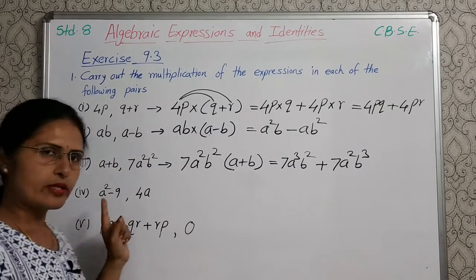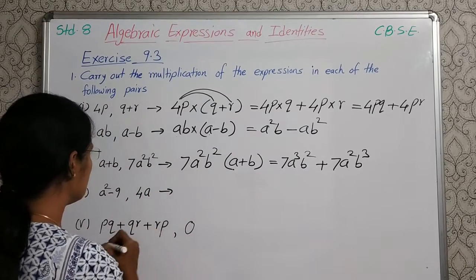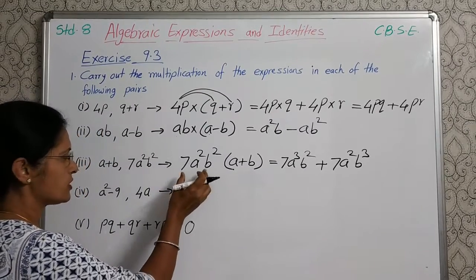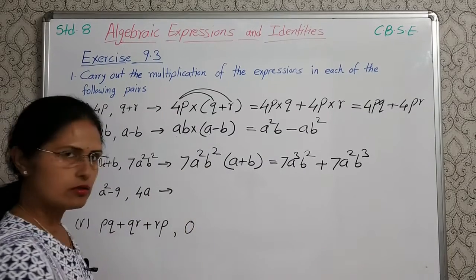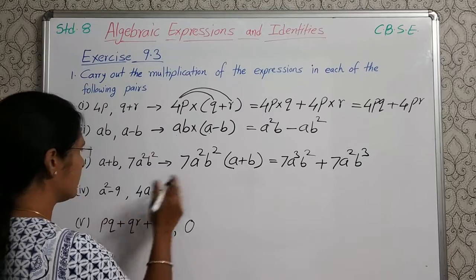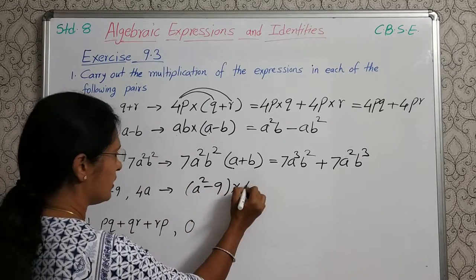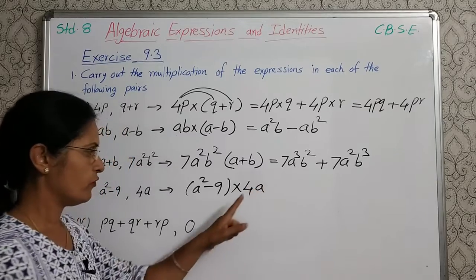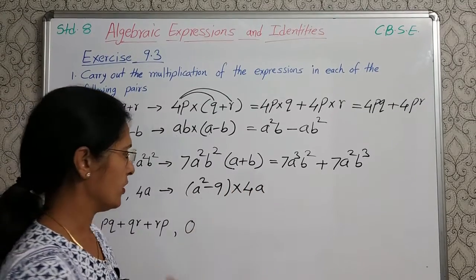Fourth, a square minus 9 and 4a. Let us multiply these two. Instead of writing the monomial first, you can write it in the second place also. So here we'll write first the binomial multiplied by monomial 4a. a square minus 9 multiplied by 4a.